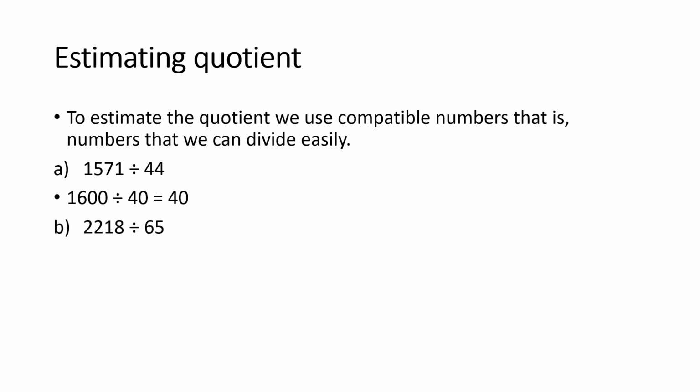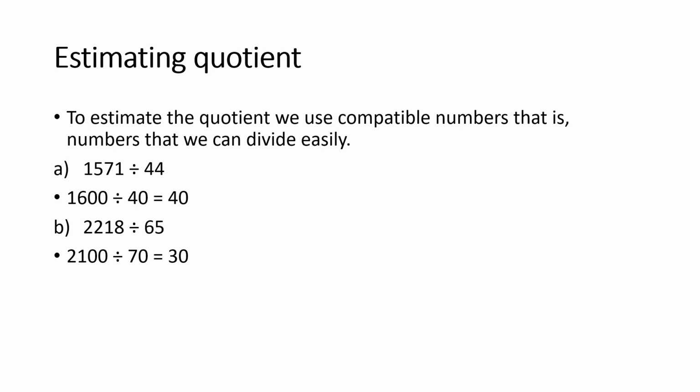Take one more example. 2218 divided by 65. Now here also, how can we do this? This 65 will be 70 after round off. Now which number will be divided in place of 2218? Yes, the number is 2100, which is fully divisible by 70.